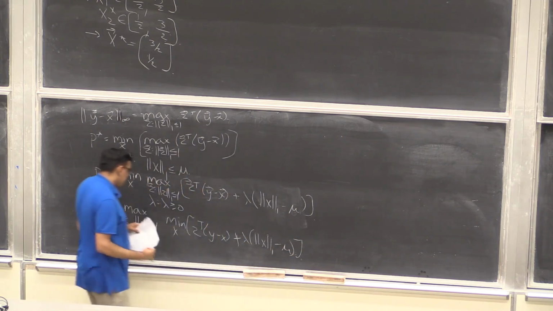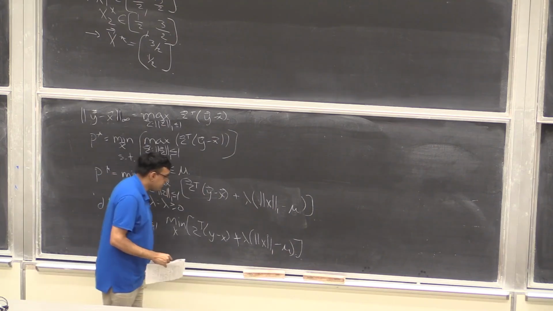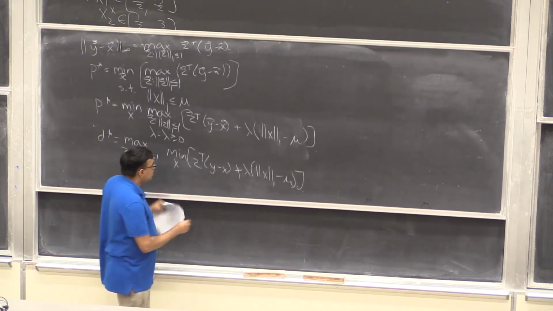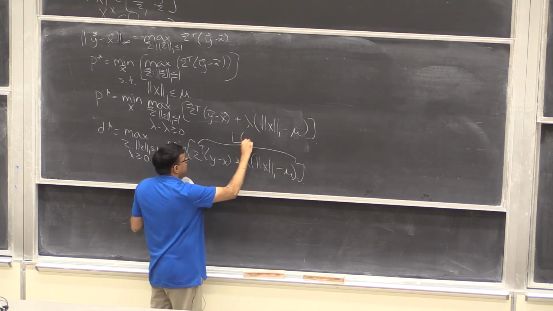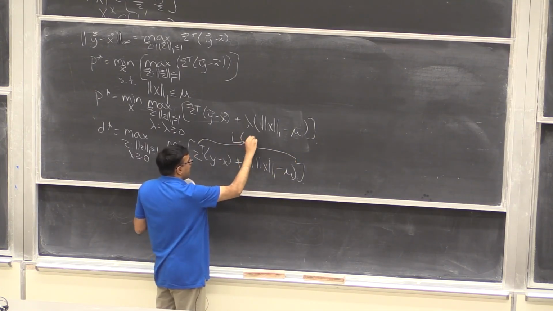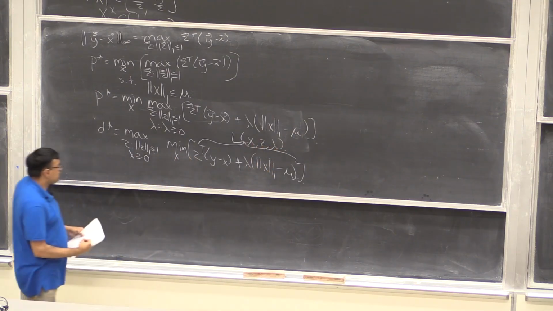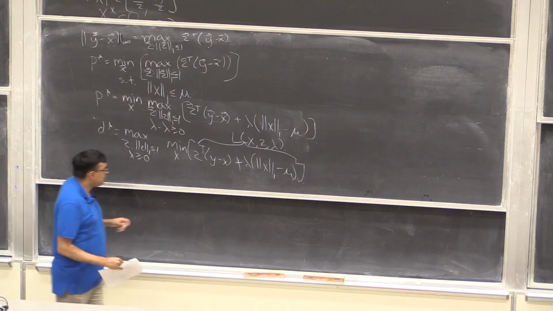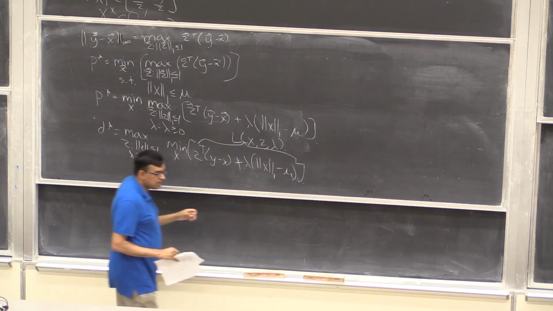So this thing is your Lagrangian. Let me write this as the Lagrangian L of x, z, lambda. And then d star is just the max over your dual variables z and lambda, of the min over x of your Lagrangian. Okay, so this is familiar territory.